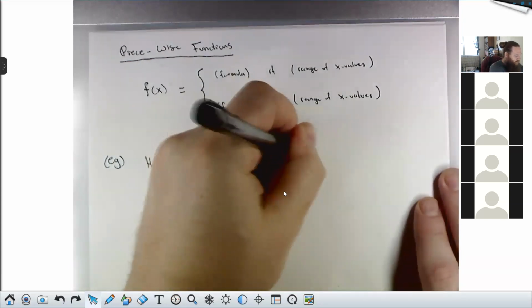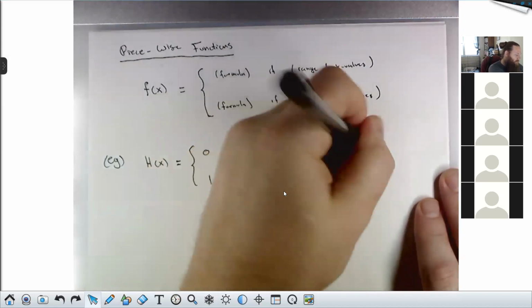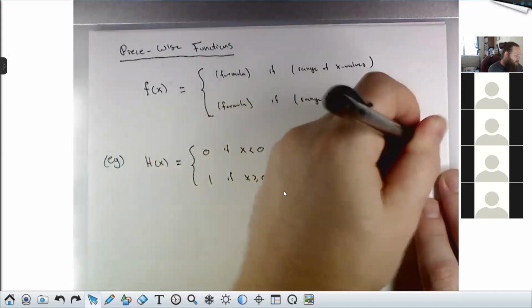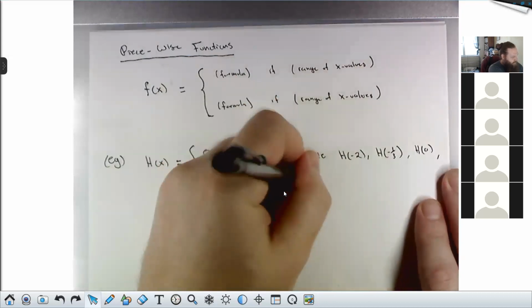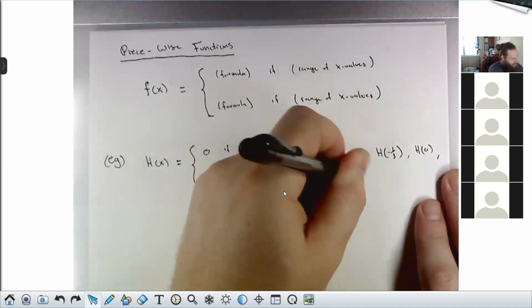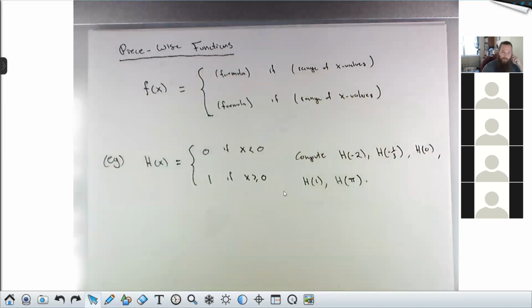Let's compute h of -2, h of -1/3, h of 0, h of 1, h of pi. So remember what I said? In order to plug something into a piecewise function, first you see where the thing you're trying to plug in lies. Does it lie in this first range of x values or the second range of x values?